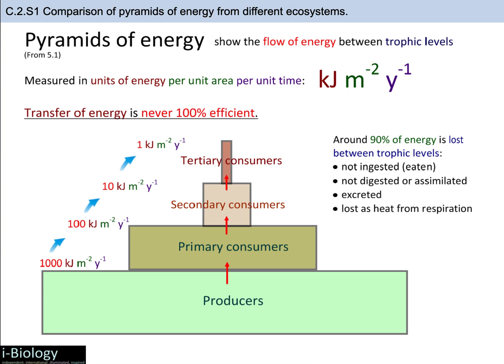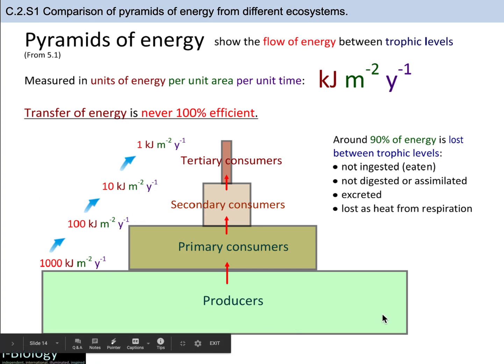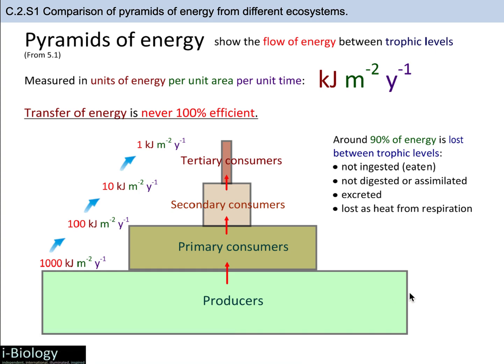So, comparison of pyramids of energy for different ecosystems. We did this in the last lecture, so just as a reminder, when you're looking at a pyramid of energy, the larger base is going to be producers, right? Then you have the primary consumers, secondary consumers, tertiary consumers. It always needs to be labeled this way. It should not be a triangle; it should be stepped.